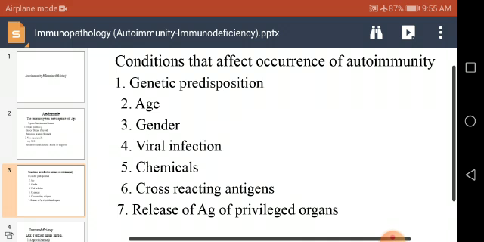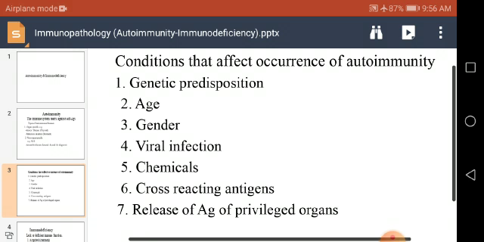So older people may have more susceptibility to development of autoimmune diseases, but this type of disease may affect all ages, but some ages are more affected than others.